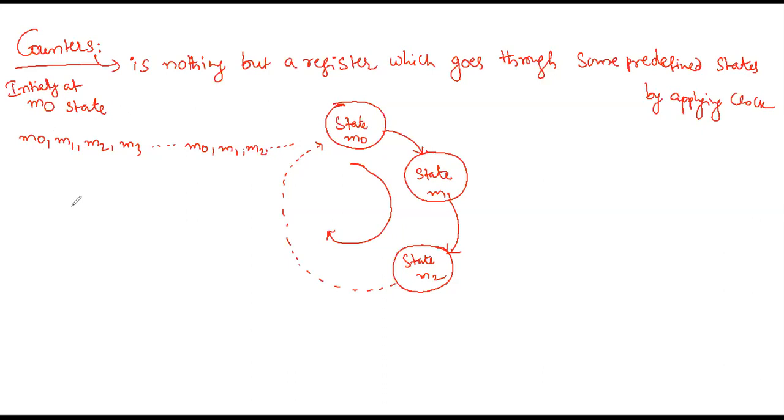A counter with M states is known as modulo M counter. If a counter has M states, we refer to this counter as modulo M counter.